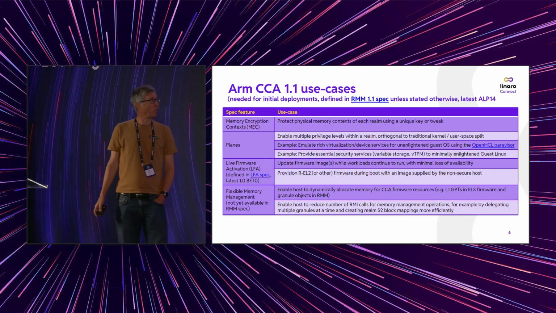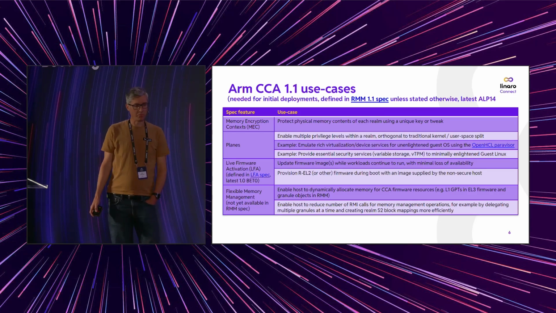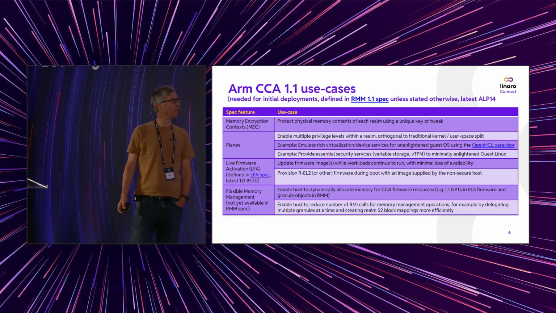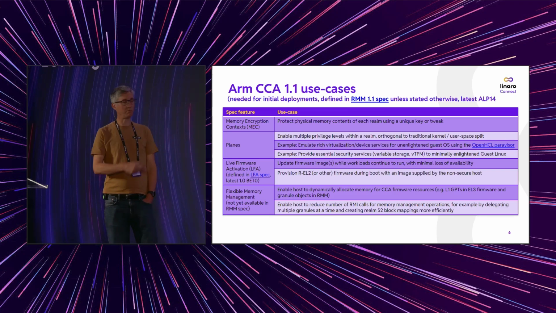So CCA 1.1, there's a number of use cases. The partner feedback was that these are essential for initial deployments, really. You know, the minimal viable product wasn't enough. I talked about some of these in Madrid, but I'll briefly mention these.